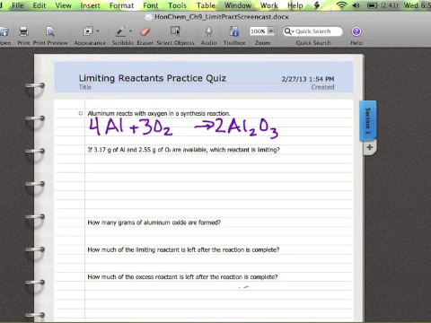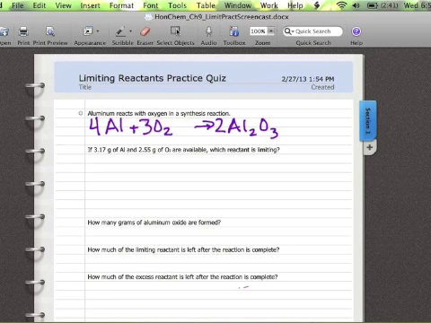Then our next step is to look at what amounts of reactants are given. This particular reaction tells us there's 3.17 grams of aluminum and 2.55 grams of oxygen, and we want to know which reactant is limiting. Since they give us amounts of both, we have to run both of those through a stoichiometry problem to figure out which one makes less. The one that makes less product is the one that is our limiting reactant.